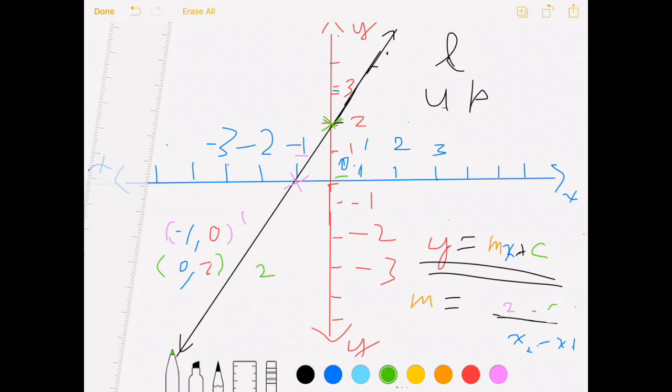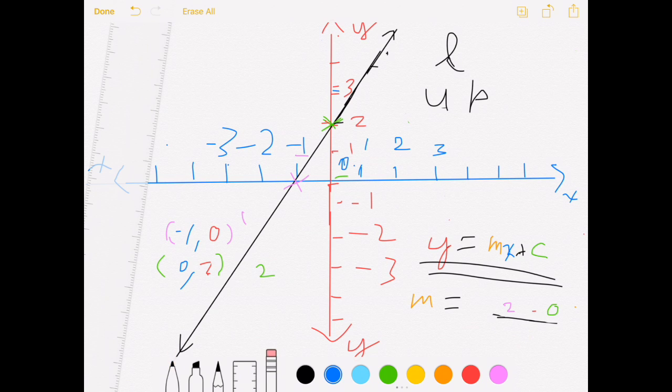So we'll mark that in green. So 2 minus 0, and then all divided by x2. What's x2 equal to? Well, x2 is the x value of point 2, so that is equal to 0. And what is x1 equal to? x1 is equal to negative 1. So 0 minus negative 1.